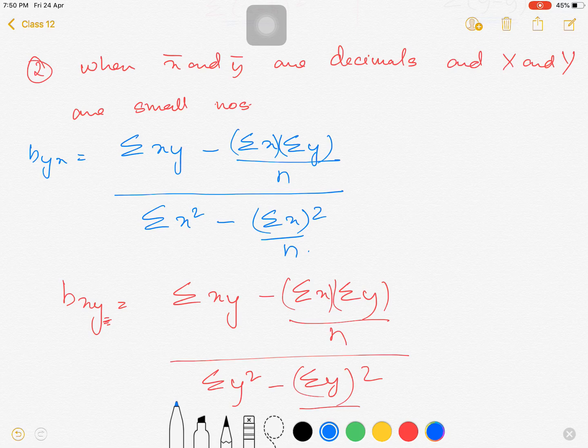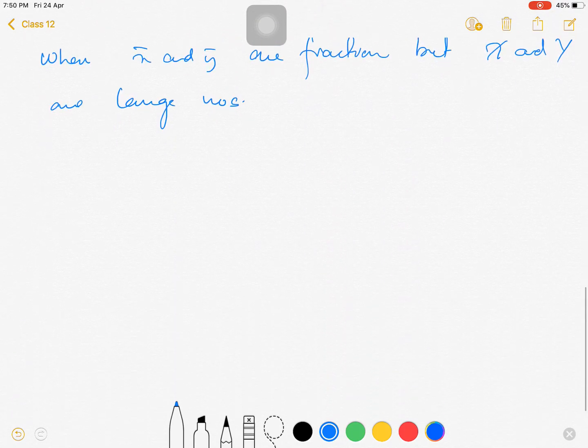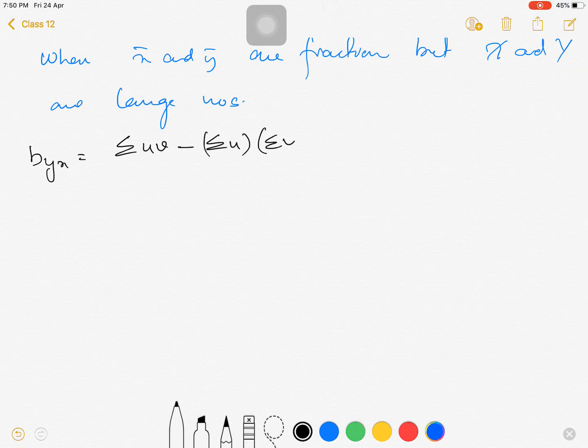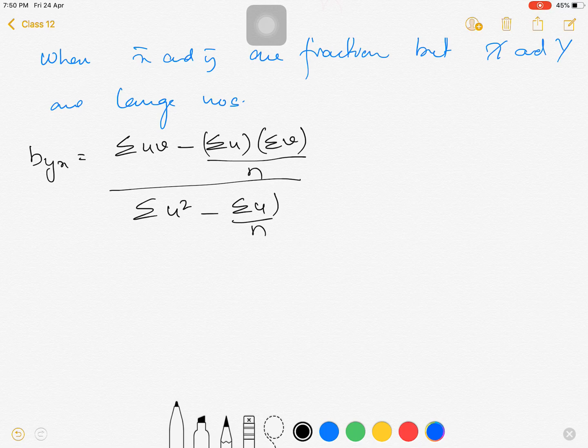Great. And how does the formula look like? Very simple. Let me write down the formula for you. The formula is byx equals sigma uv minus sigma u sigma v divided by n, all divided by sigma u square minus sigma u by n, and here whole square.